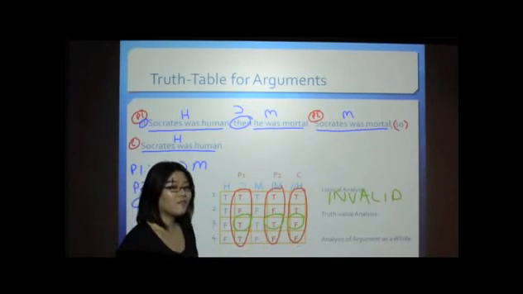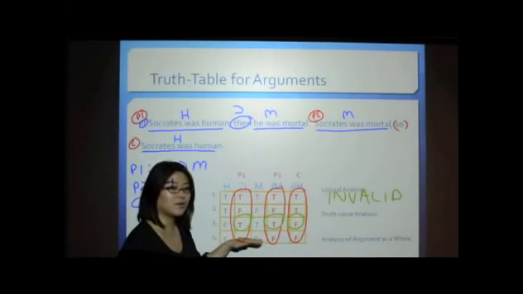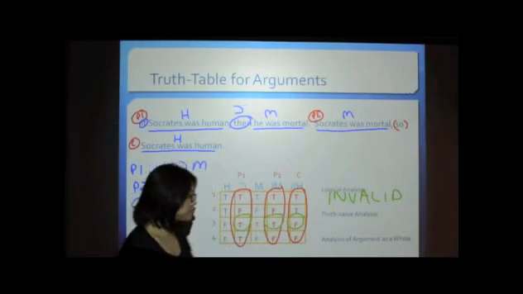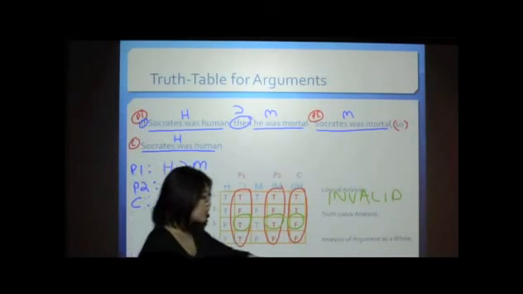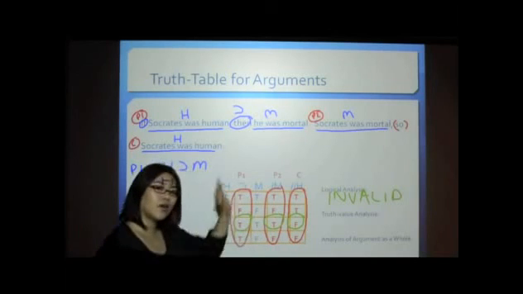And remember, a valid argument is one in which it is impossible to have true premises and a false conclusion. So if you have an argument where it is possible to have true premises and a false conclusion, it is invalid.